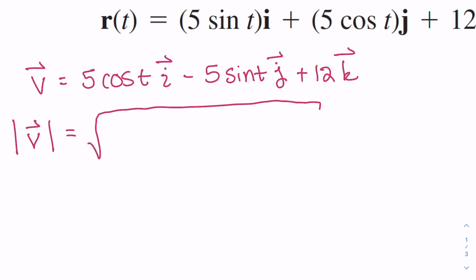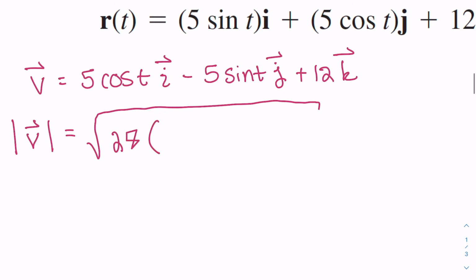So I'm just going to do the same process of grouping the cosine squared t plus sine squared t together to get 1 from the beginning, and just get 25 times 1 plus 144.